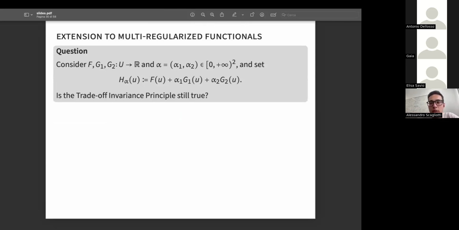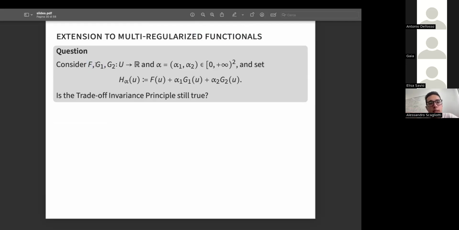If there are no questions, and always feel free to interrupt and ask, we can start the section concerning the extensions. The first extension concerns the multi-regularized functions. What does it mean? It means that we have f as before, which is essentially the main term that we are interested in.